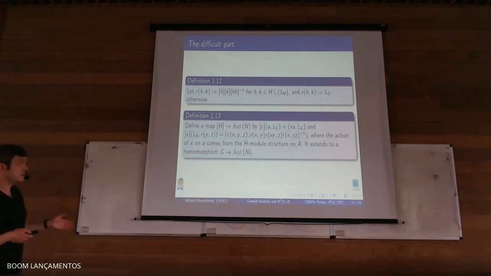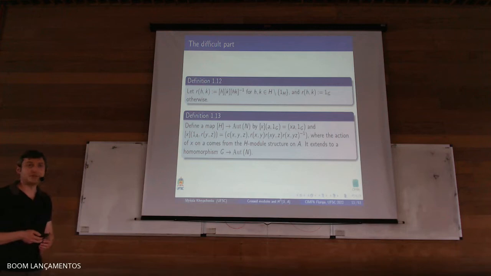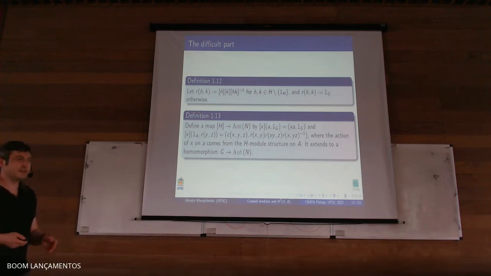So this is the action. On the first coordinate you just use the action of H, and on the second coordinate you conjugate, and there this 3-cocycle appears. You have already seen a definition of a 3-cocycle in this school. But nevertheless, I will give it in the inverse semigroup case, and it's almost the same.